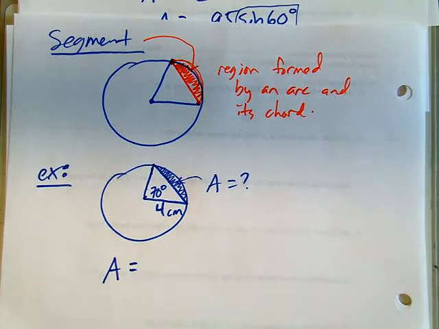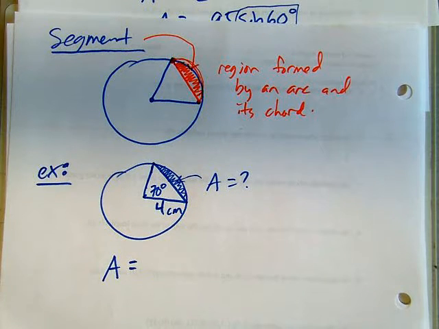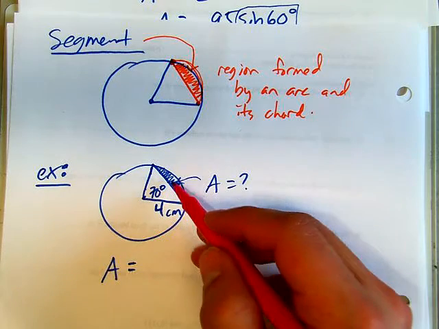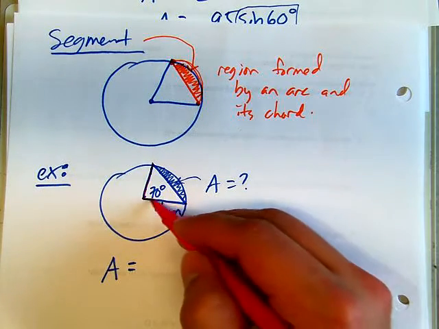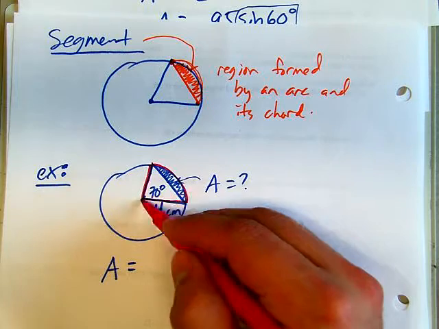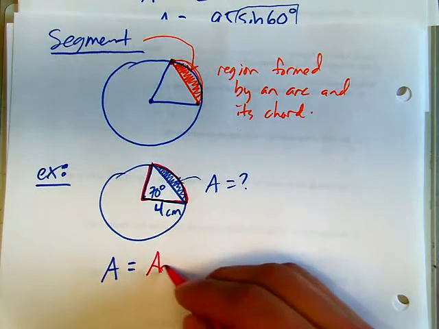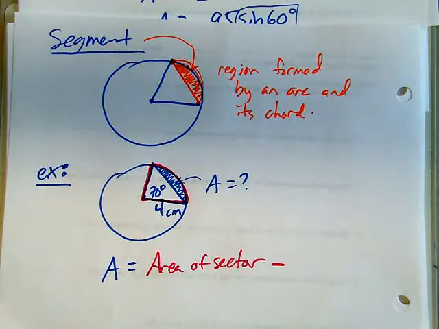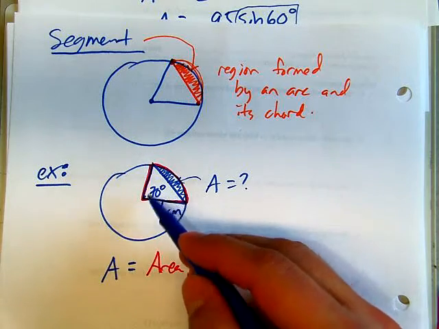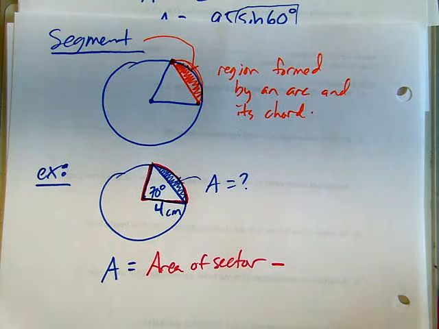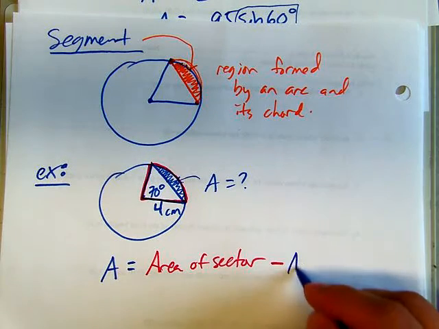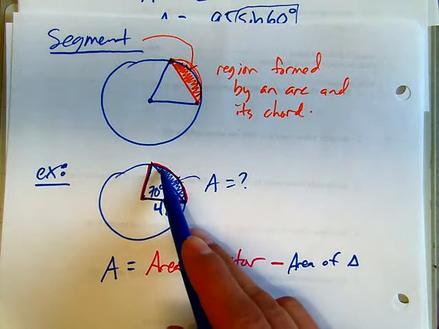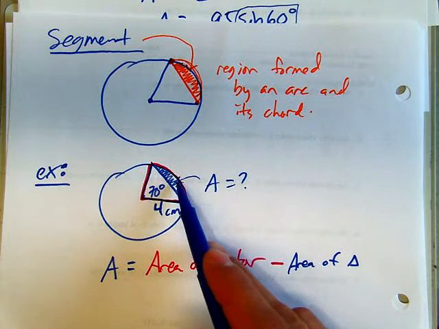Well, there are two things going on here. First of all, to find the area of the segment, you could find the area of the whole sector, so that's in red here, so area of the entire sector, minus, and now if I subtract the area of the triangle, then that's going to be the difference, the segment area right here.